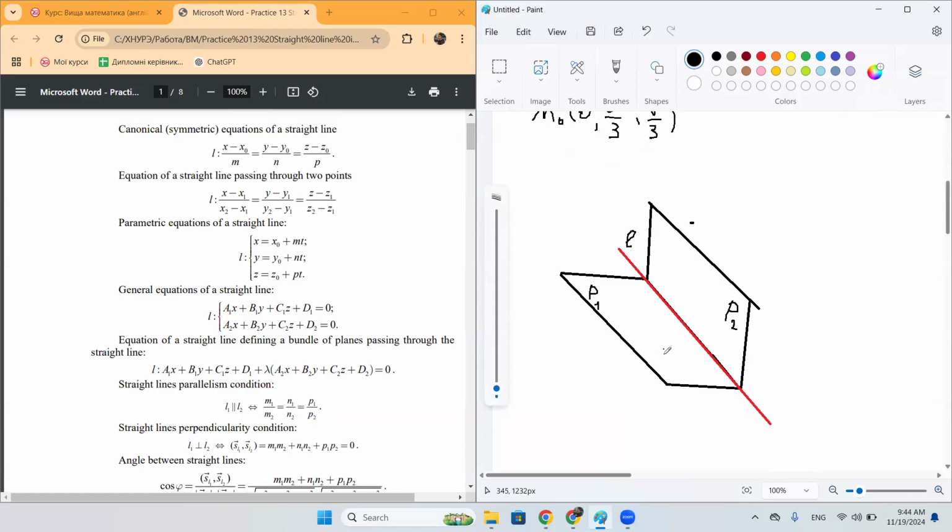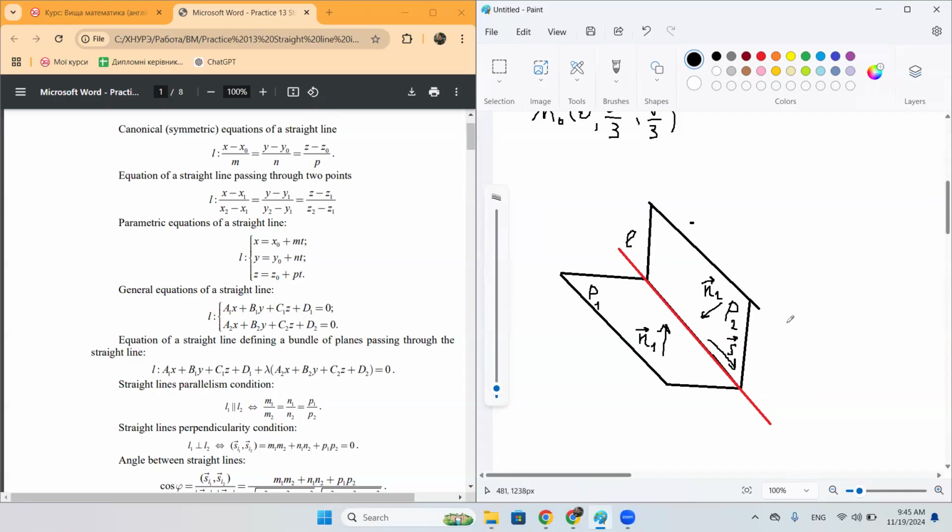So we need to find the direction vector of this straight line. This is the normal vector of the plane P1. It is perpendicular to this plane, to P1. And the normal vector of the plane P2 is perpendicular to the plane P2. And as we know, the direction vector of the straight line L either belongs to the straight line L or is parallel to it.